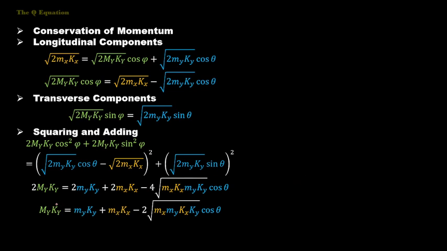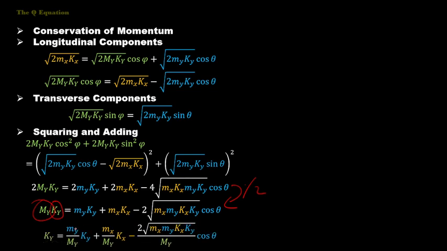Now we have to eliminate another quantity related to the daughter nucleus, which is the kinetic energy of the daughter nucleus. So how do we remove this kinetic energy? It is a simple matter. This second equation is obtained from this equation by dividing both sides by 2. And now we divide both sides by my and get on the left hand side ky and the other quantities on the right hand side will look like this.